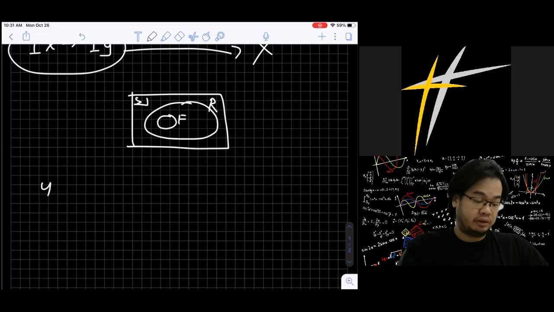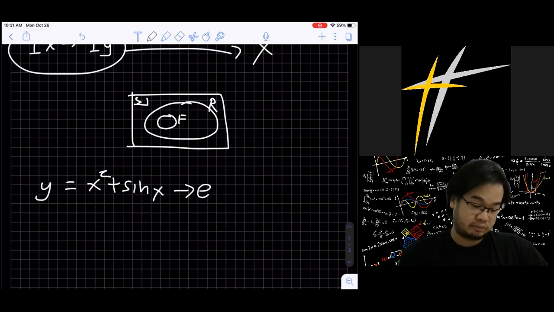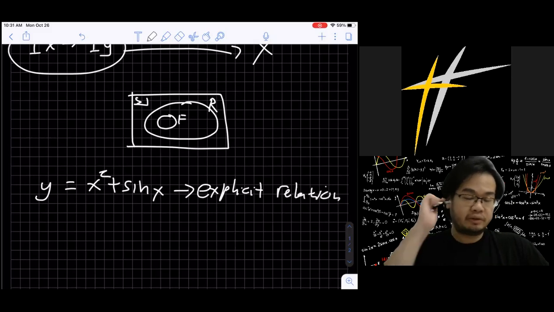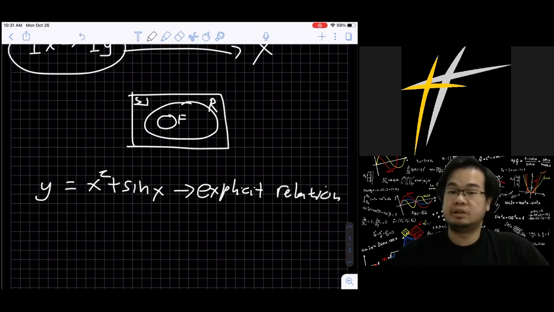So for example, given y equals x squared plus sine x is called explicit relation. For this chapter, instead of function, we are talking about the general idea of a relation. Even though y equals x squared plus sine x is a function, we will call it relation in this lesson.